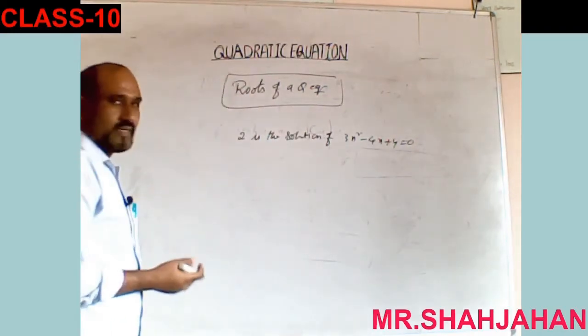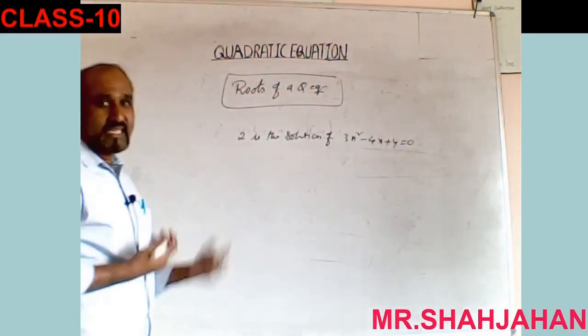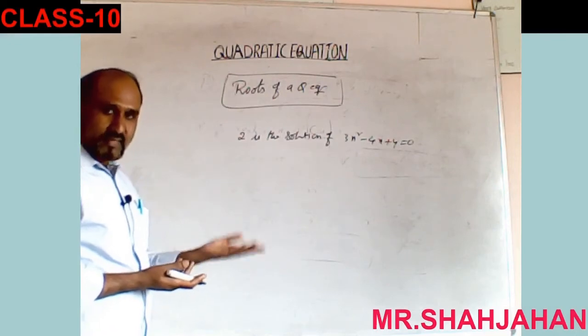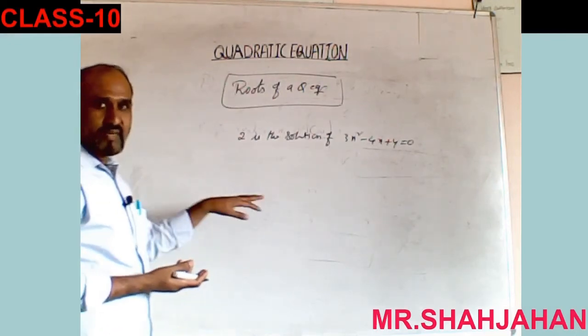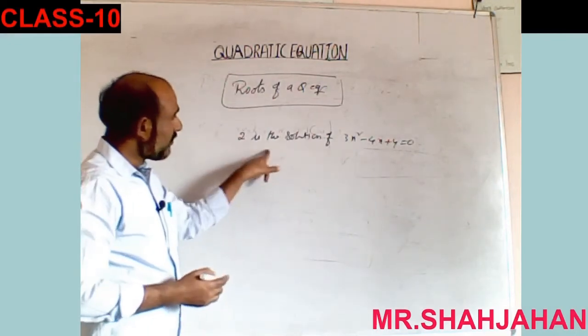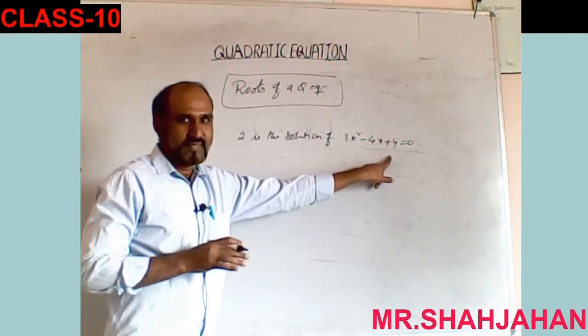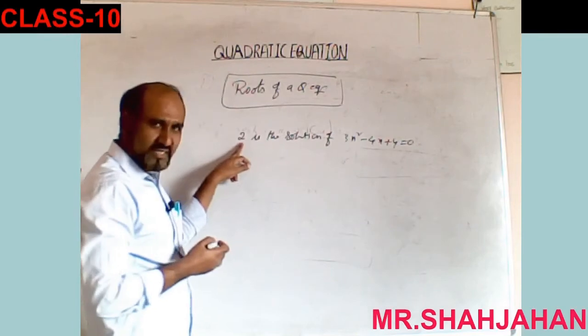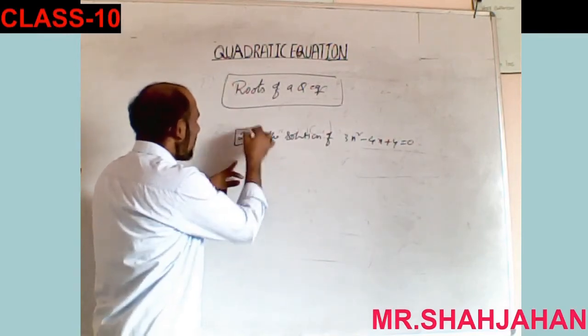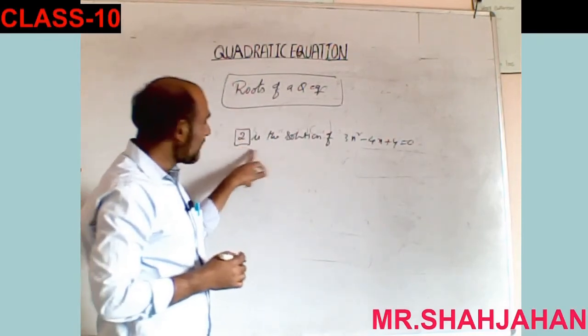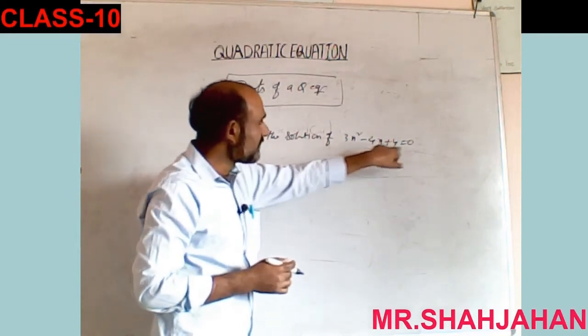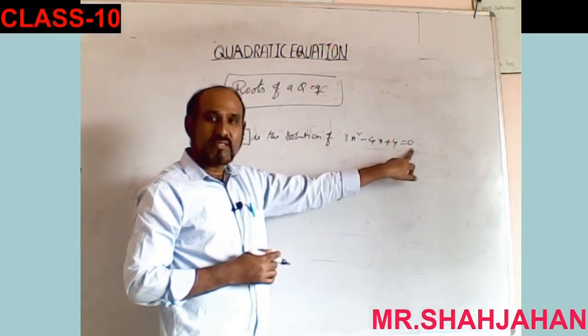According to our statement, what I said now, alpha is a real number. Alpha is a solution or root of the quadratic equation ax square plus bx plus c is equal to 0. Here also I am taking like that. Instead of alpha I taken here 2. 2 is a real number. It is a solution of 3x square minus 4x plus 4 is equal to 0.